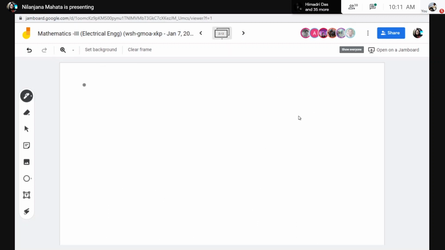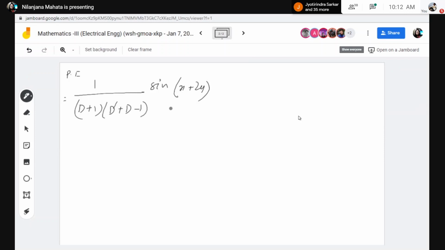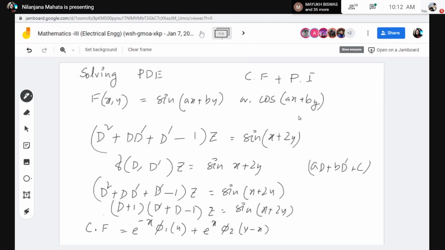Now for finding out PI, PI is equal to 1 by D plus 1 D dash plus D minus 1 of sine x plus 2y.